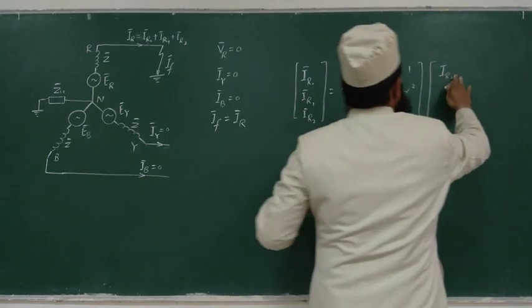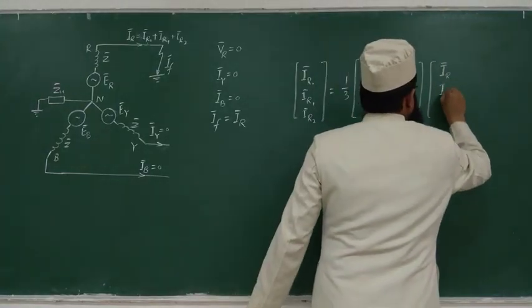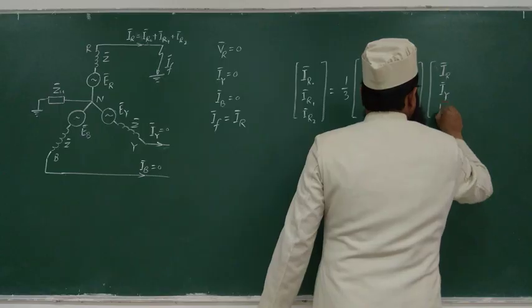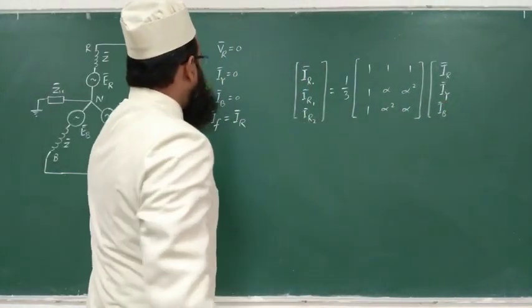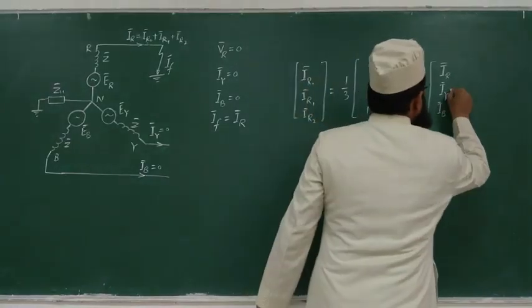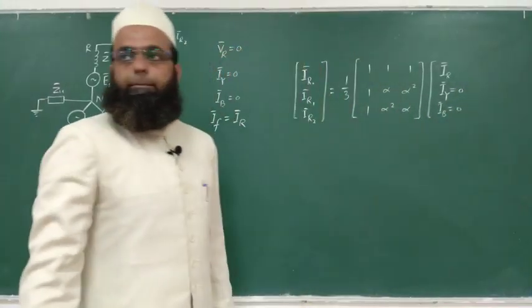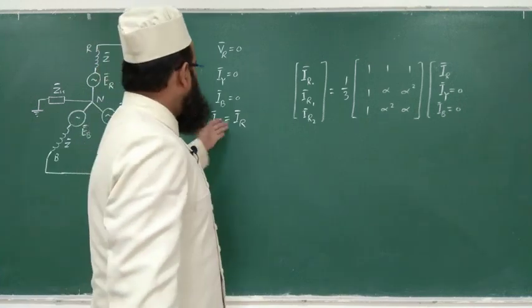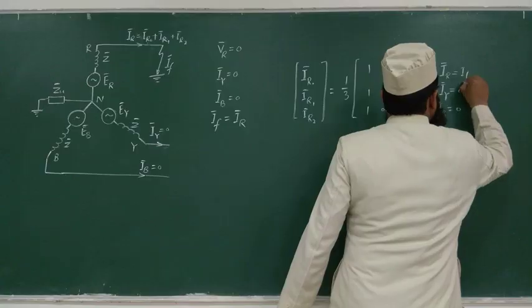Oh, you are writing components, so IR phasor in R phase, IY, IB. So for this case IY is 0, IB is 0, is not it? So it means these two currents are 0. And what about IR? IR is IF, so you may write this is nothing but IF.